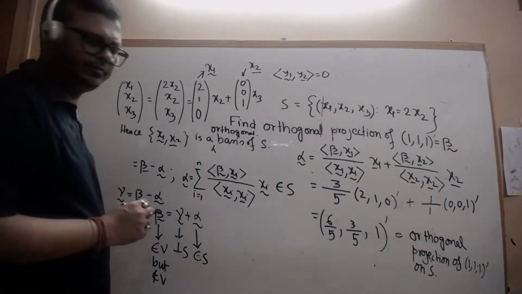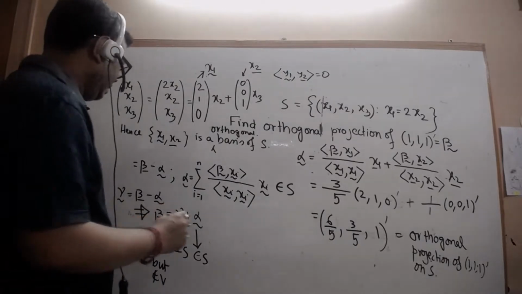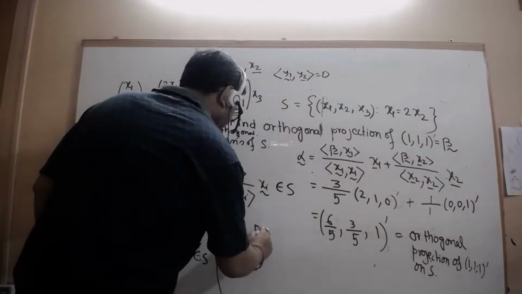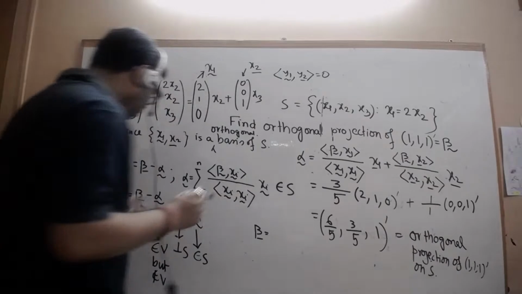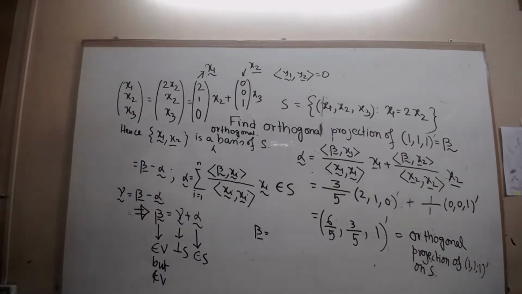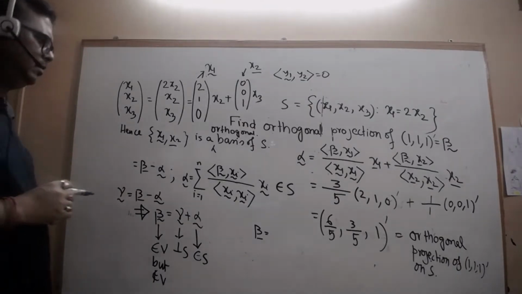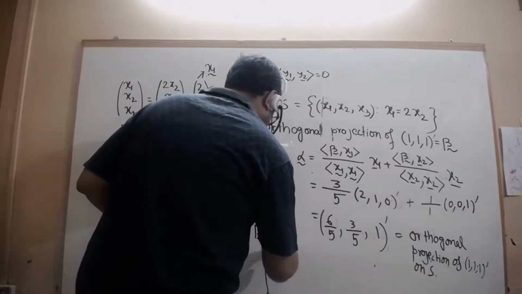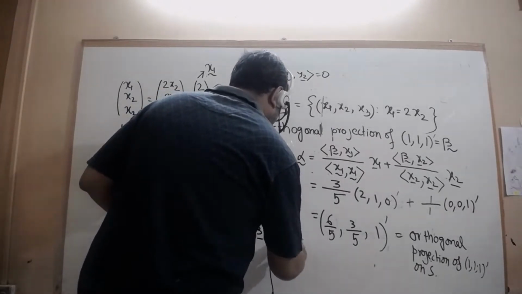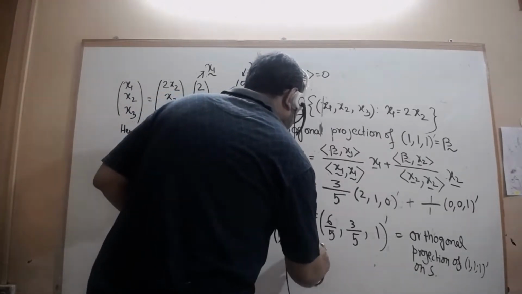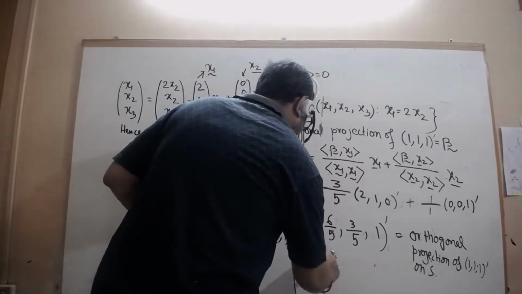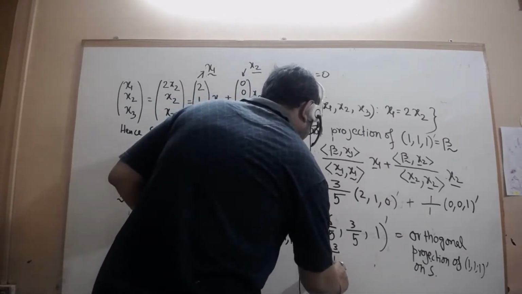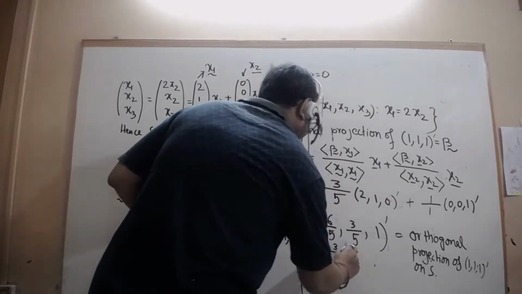Now beta curl is the orthogonal projection of 111 on its orthocomplement. Then this is simply 111 minus 6 by 5, 3 by 5, 1.